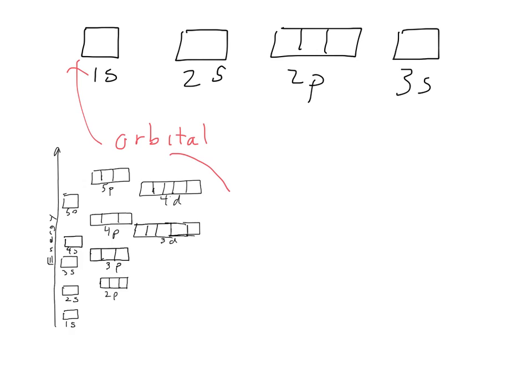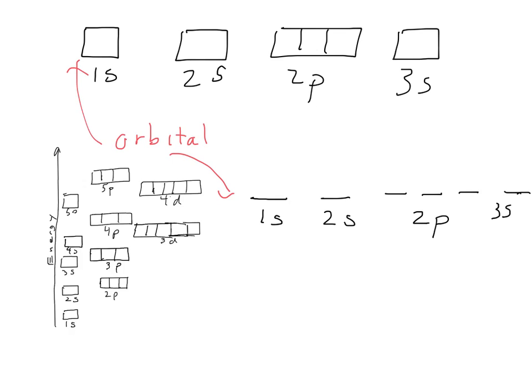And I like boxes. Your book, however, actually uses a format that I like as well, and it's actually an easier format to use when you get into more complex molecular diagrams, and they represent orbitals using a line. So they would say 1s, 2s, 1, 2, 3, right? Because you have 3p orbitals, 2p, and then another line for your 3s.